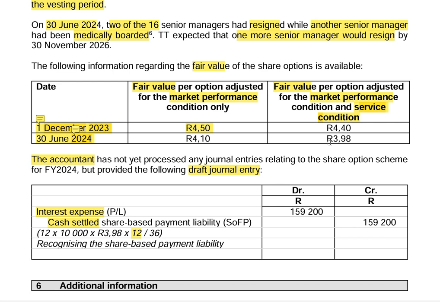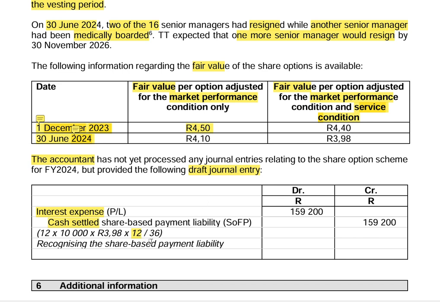For that reason, we know that this 3.98 is incorrect. It is also incorrect because the service condition is considered in this price, which does not need to be considered. It's only the market condition that needs to be considered, because the service condition will be considered by the expected number of shares that are expected to be granted to the employees.